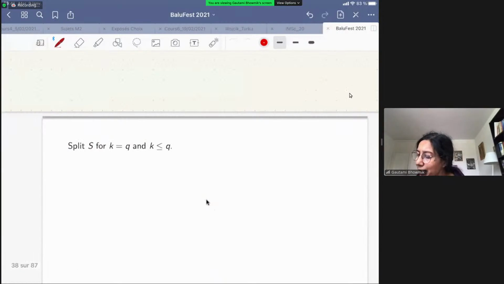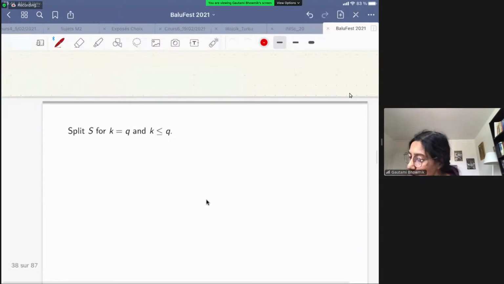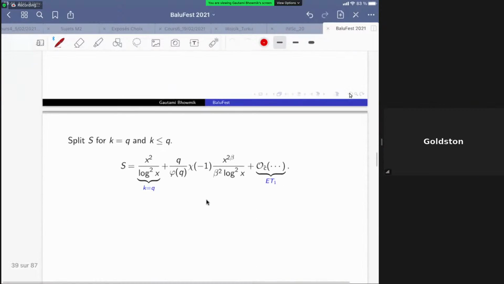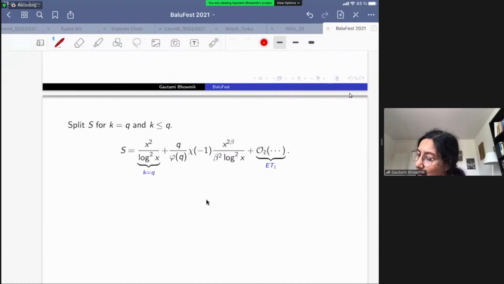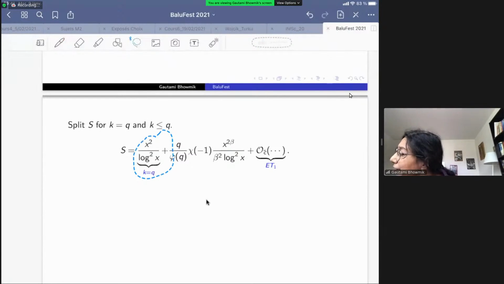Yeah. So once you have done this, then you split the sum S for k equal to Q and k less than or equal to Q. And then you get S is equal to, for k equal to Q, you get this form. For k equal to Q, you get x squared by log square x. And then you get some more terms.